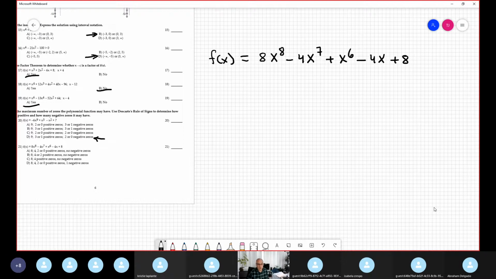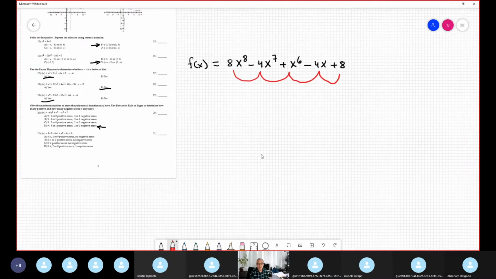Now the positive part: one sign change here, another sign change, another, and another. P of x is 4.